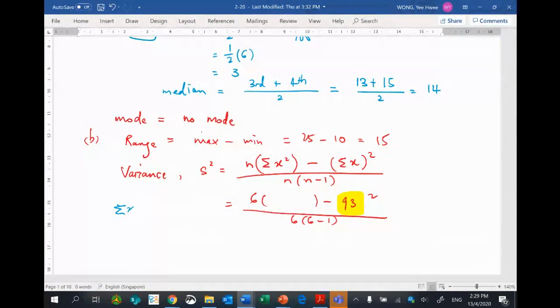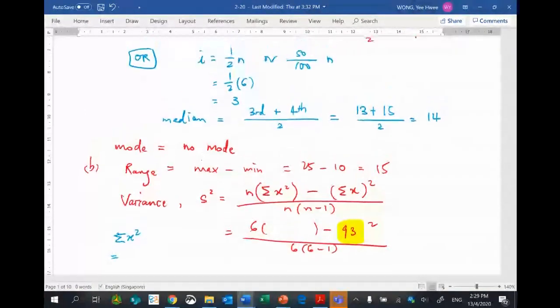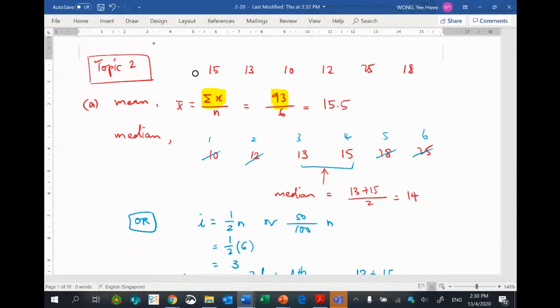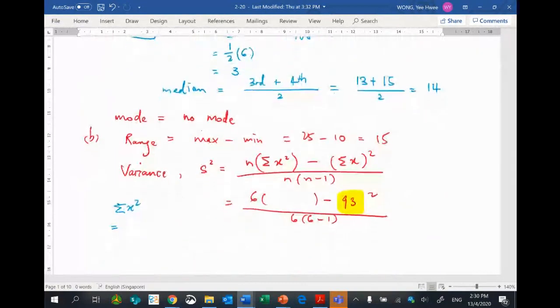How much is this? You can use a calculator to find out, yeah? You need to square every single number, right? So what do you have? You can use the sorted one from the smallest to the highest, or you can use the original, no problem. Yeah, so 13 square, 15 square, up to 18 square. Okay, so just square everything. You just directly press the calculator, square them.